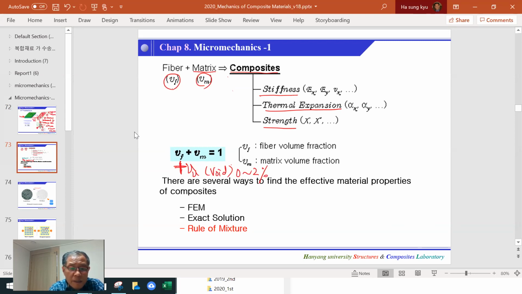In micromechanics, we can have several different methods. FEM, we already went through. There could be a square model, a hexagonal model, or a random one. Of course, there were diagonal models.